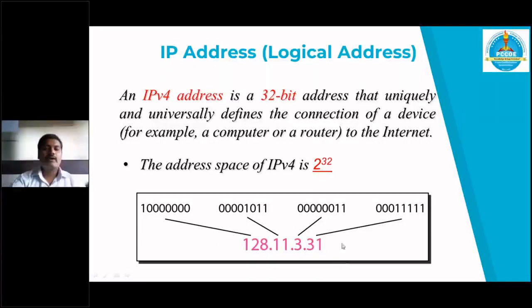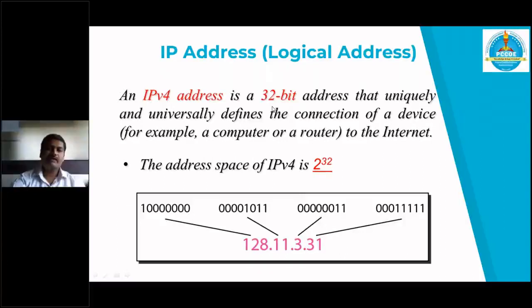It's the decimal dotted form, the syntax of IP addressing. Four decimal numbers are separated by a dot symbol, so the decimal dotted structure is considered IP version 4. Each decimal number has one octet of bits: first octet, second octet, third octet, and fourth octet. So 8 into 4, the total size is 32. So the size of IPv4 is 32 bits.